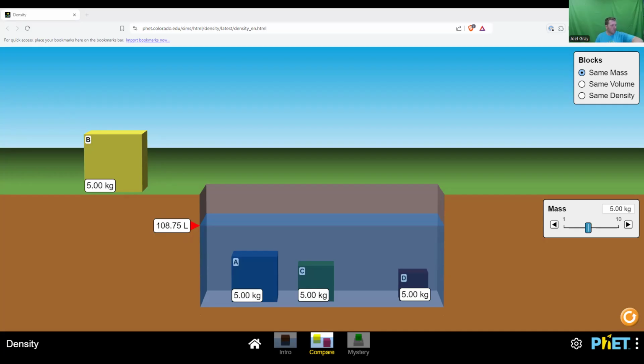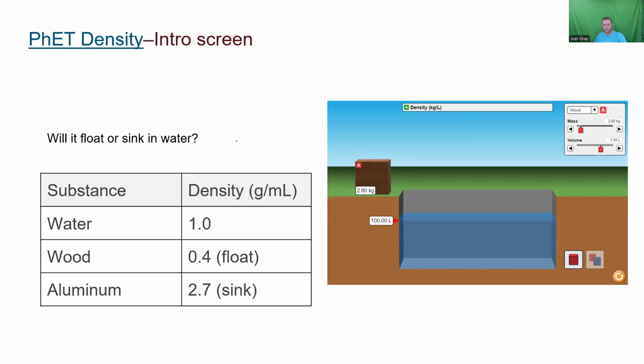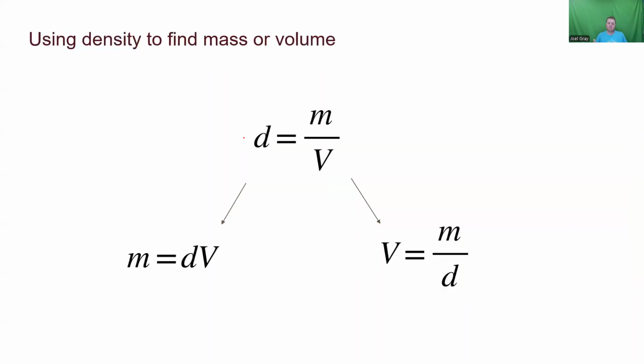Now, the last thing that I want to talk about and show you all is this calculation. D equals M over V. Now, this is a calculation that is important to be able to calculate.